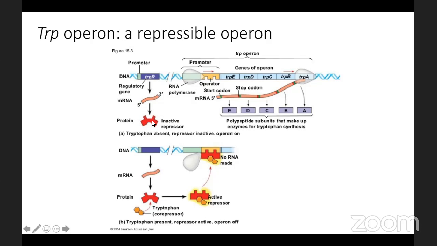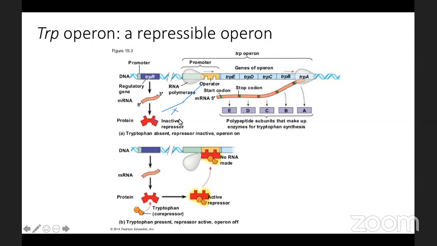At its base state, we've got the same players here. The repressor is in red, and without tryptophan present, the repressor is inactive. If you look at the shape here, it can't bind to the operator.